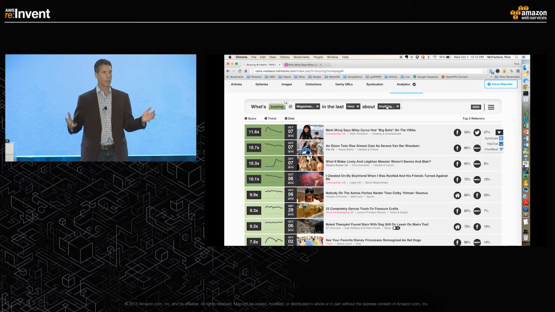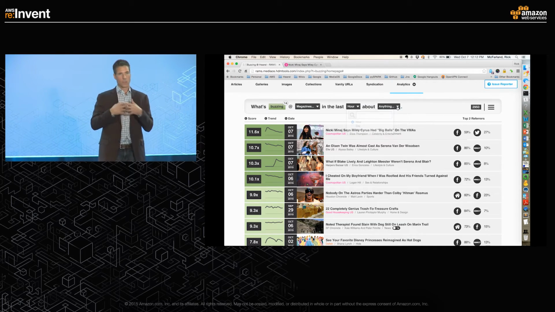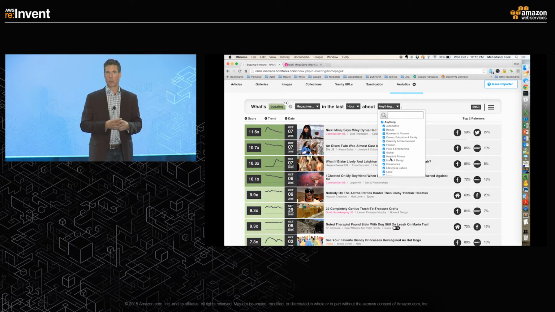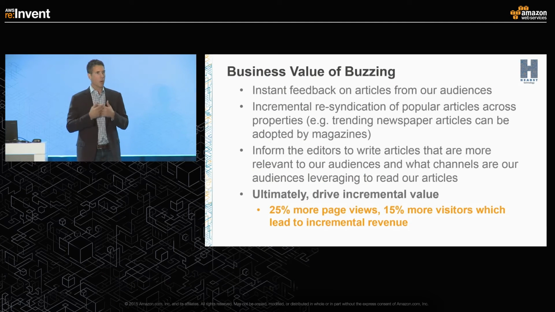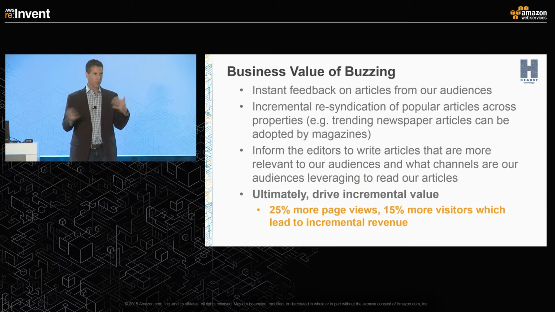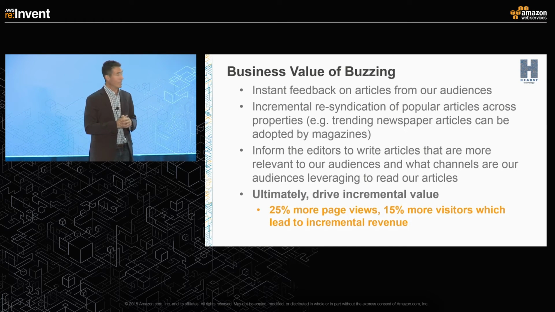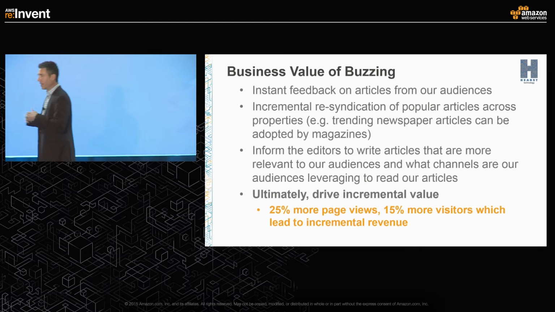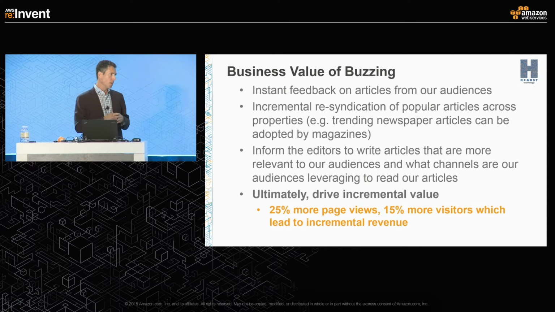So we're leveraging the power of our 350 sites to circulate articles and get incremental click rates, incremental page views at 25 to almost 30%, which, if you're a revenue person, translates to a nice increase in revenue. I can't tell you how much that is.